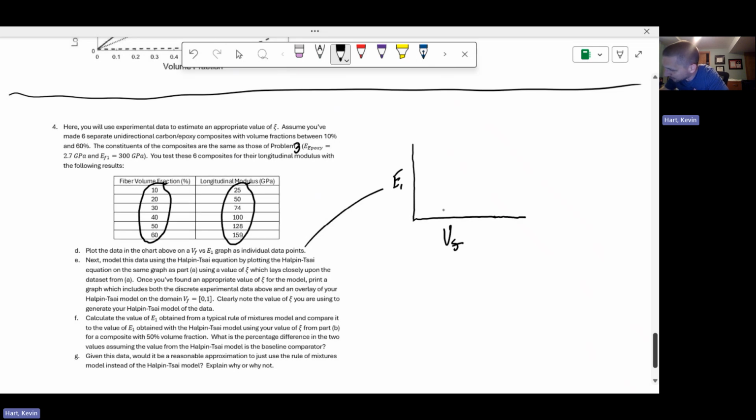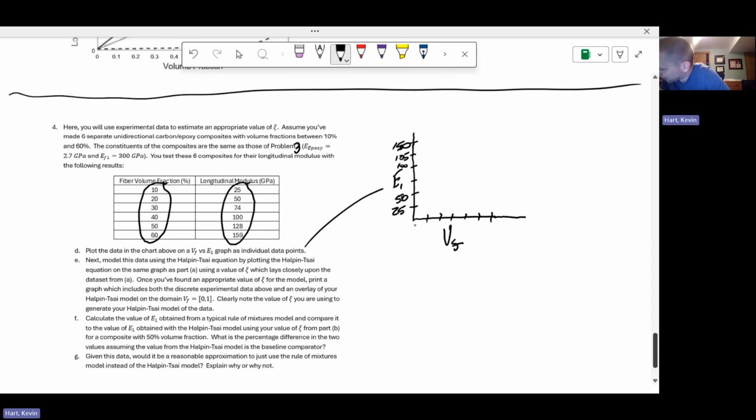You make yourself little striations, 10, 20, 30, 40, 50, 60%, and then longitudinal modulus, maybe go by 25: 25, 50, 75, 100, 125, 150, and that's all we really need.